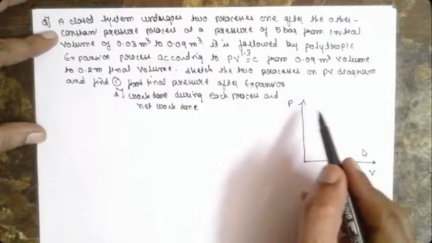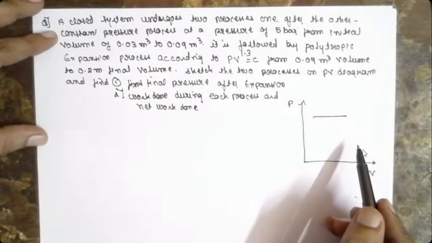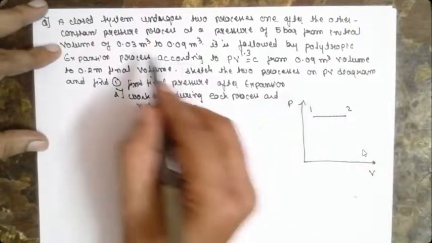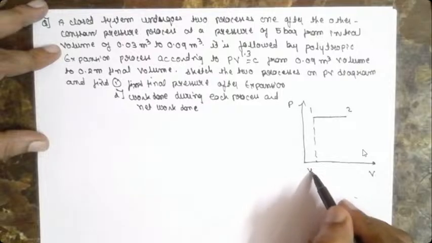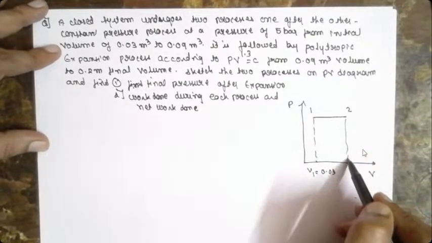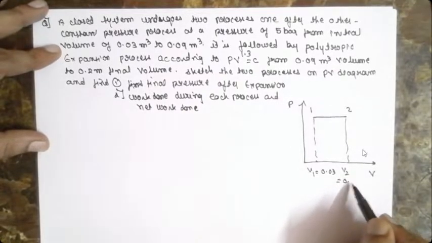The first is constant pressure. This is the line. Constant pressure, states 1 and 2. Volume V1 is equal to 0.03 and V2 is equal to 0.09.